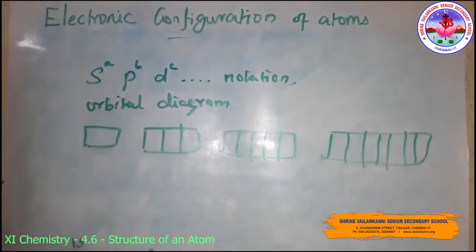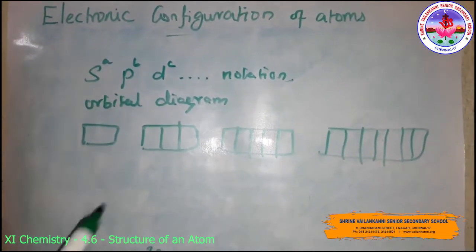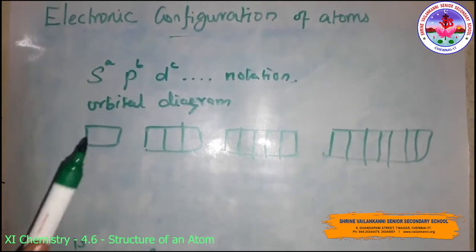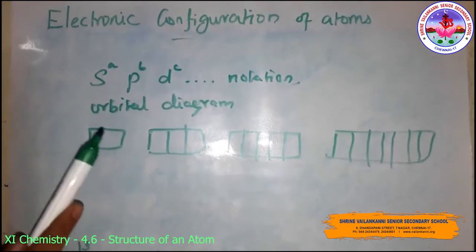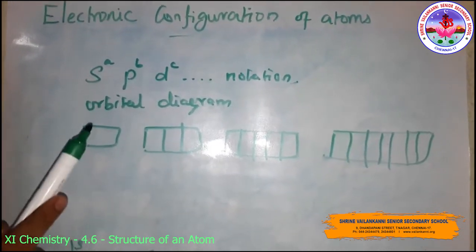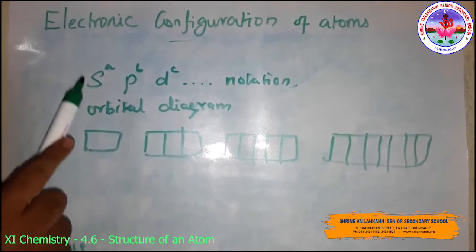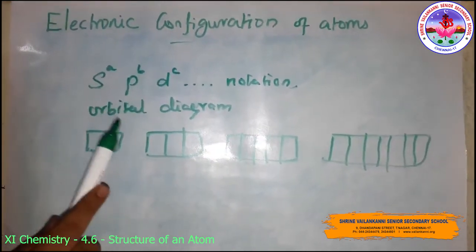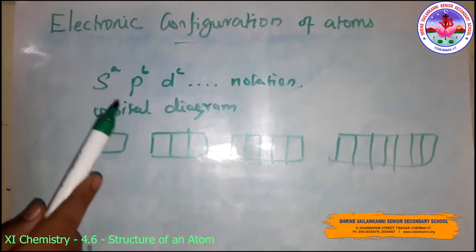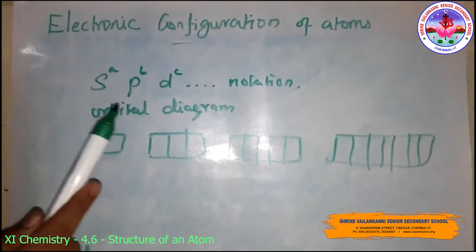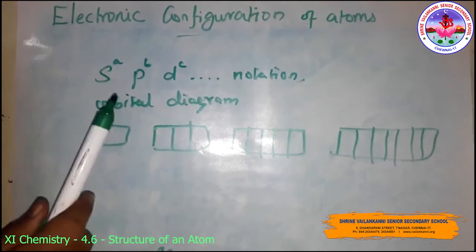So 7 boxes are there. In the first notation, the subshell is represented by the respective letter symbol and the number of electrons present in the subshell is depicted by the superscript like a, b, c, etc. Different shells are differentiated by writing the principal quantum number before the respective subshell.